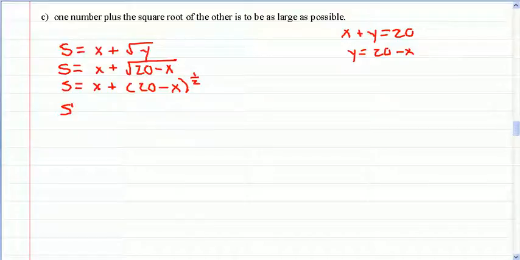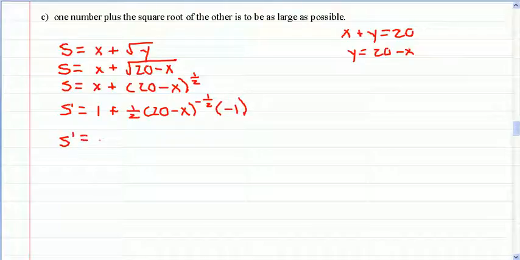I can now take the first derivative using the chain rule, so that s prime is equal to 1 minus 1 over 2 times the square root of 20 minus x. So I want to write this as one fraction so that I can set the derivative equal to 0.